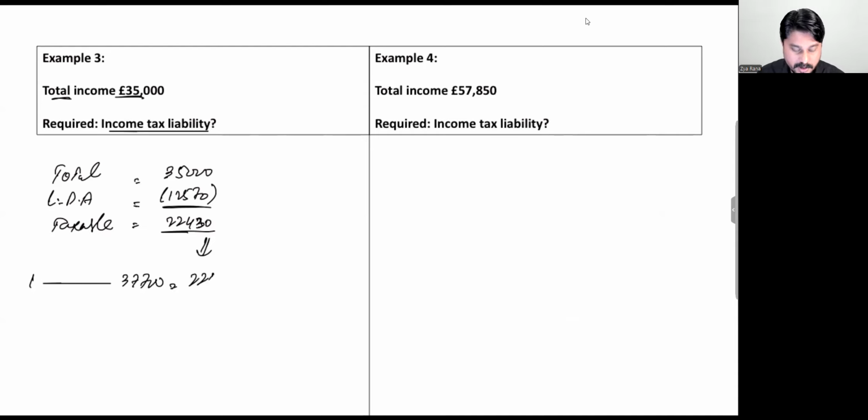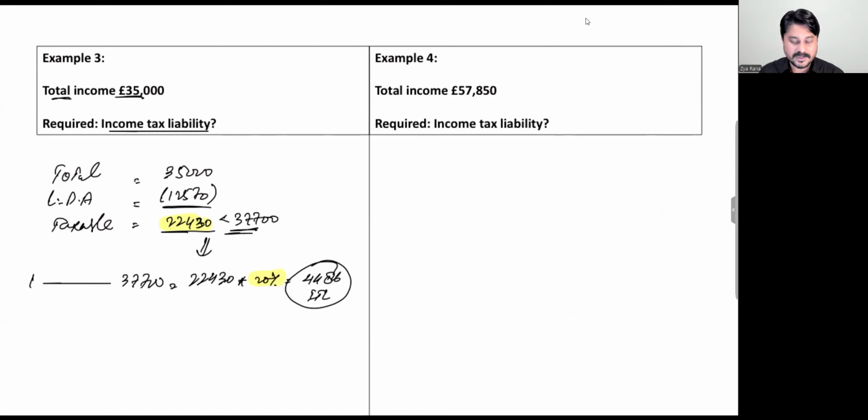So on this 22,430, the tax rate is applicable to the extent of 20%. 4486 would be your income tax liability. Why did this happen? Because taxable income is less than the basic rate band limit of 37,700. So on this amount, a basic tax rate of 20% is applicable.